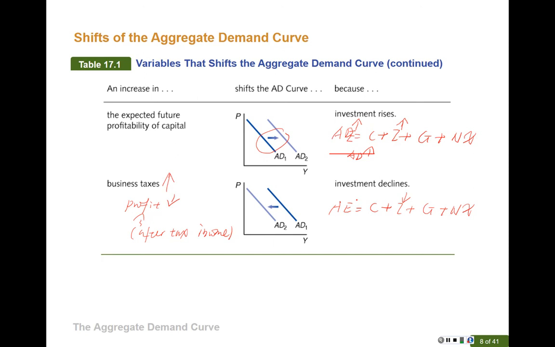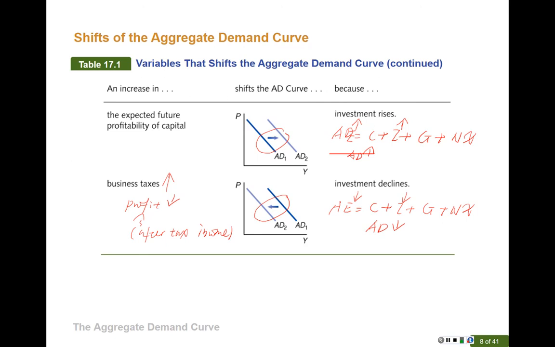Holding other things constant, this will cause the aggregate expenditure to go down. It means the aggregate demand from the whole society will go down as well. So that's the reason the aggregate demand curve will shift to the left.